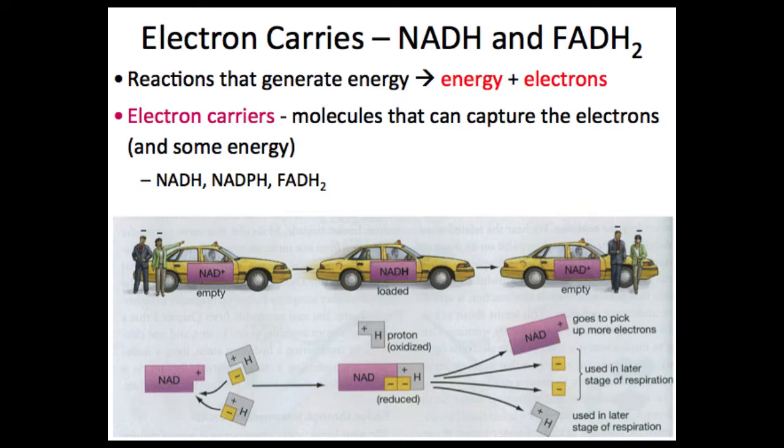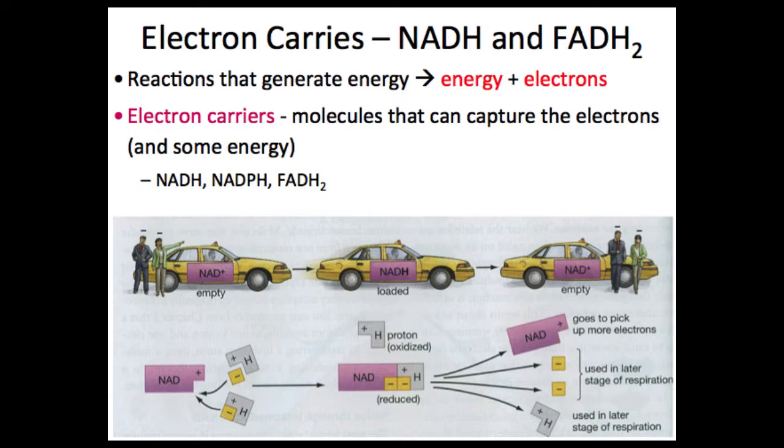So before we go any further, let's review how electron carrier molecules work. Remember that electron carriers are those molecules that can capture the electrons and the energy contained within those electrons.